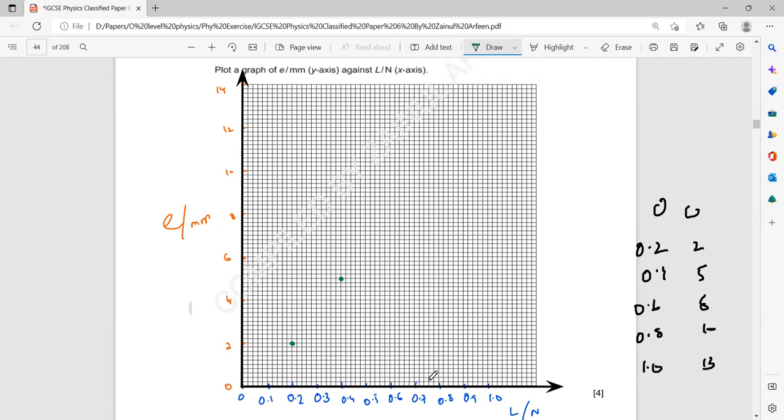Then we have 0.6 and 8. So this is 0.6. Then we have 0.8 and 10. And then we have 1.0 and 13.